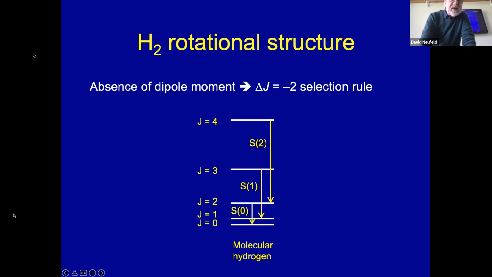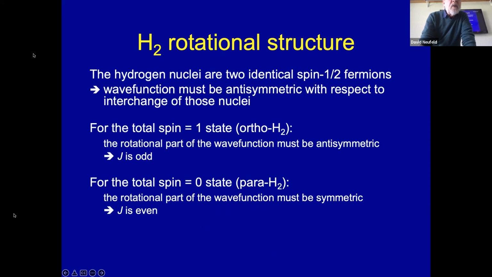It's a little bit more subtle than the fact that there's no dipole moment because of the symmetry rules. So just as a reminder, with the hydrogen nuclei, you basically have 2 identical spin 1/2 particles, 2 fermions. And so the wave function must be antisymmetric with respect to interchange of the 2 nuclei. And there are 2 parts to the wave function, of course.